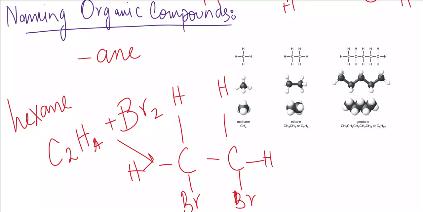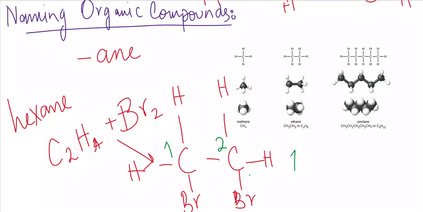So the name of the product of adding bromine is 1,2-dibromoethane. You can see here there are two carbon atoms, so you have to number all the carbon atoms present in the compound, and bromine is attached to the first carbon and also to the second carbon.